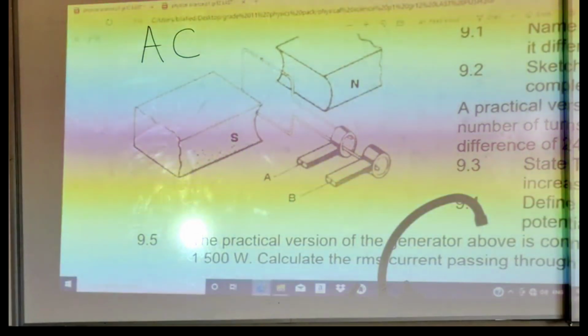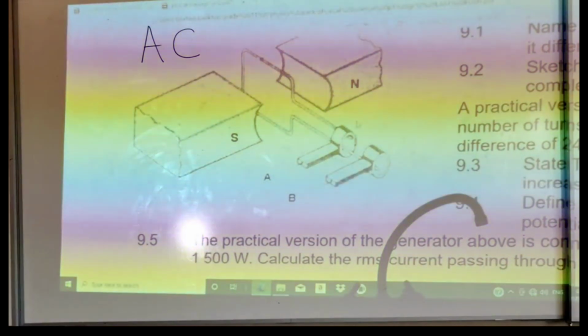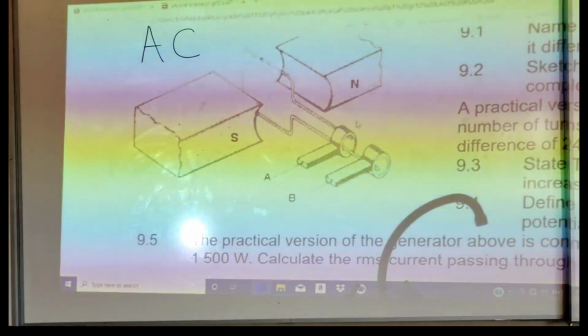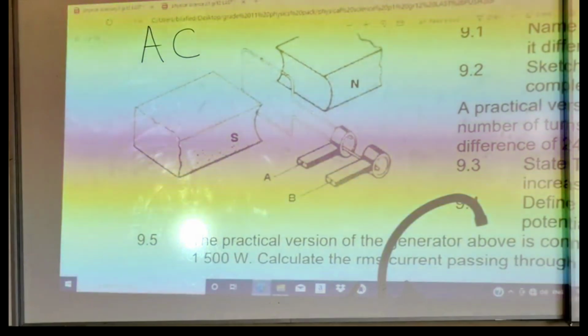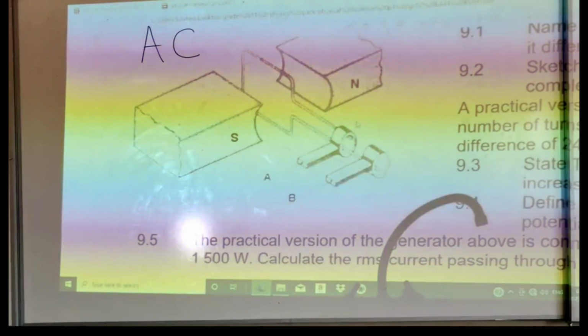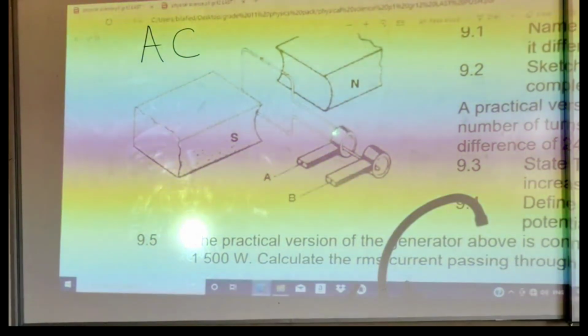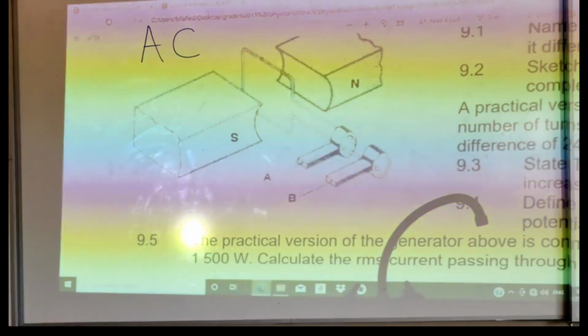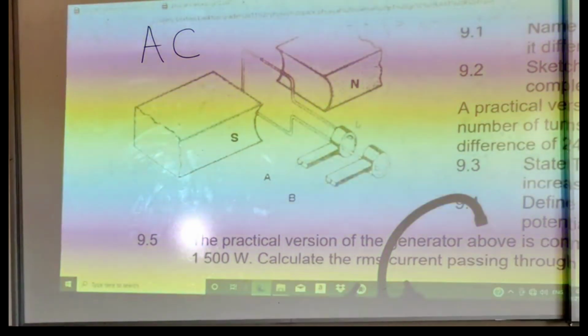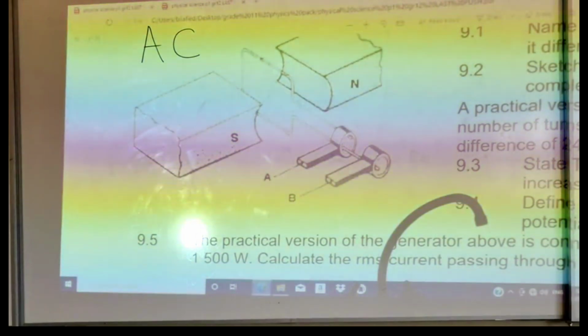So, at the top you can see that I wrote AC. Why am I saying that this is the AC generator? It is an AC generator because it has got slip rings. What are the slip rings?